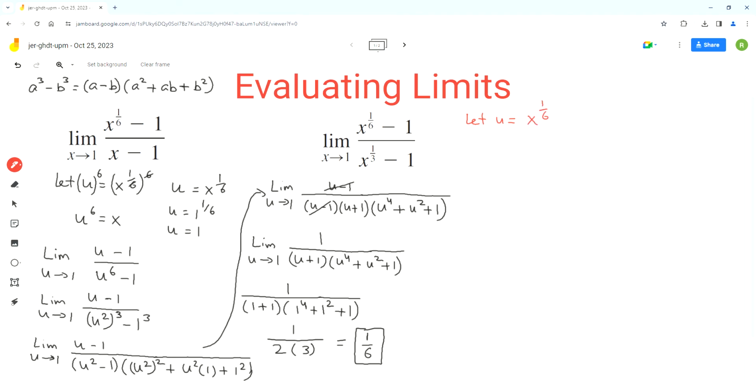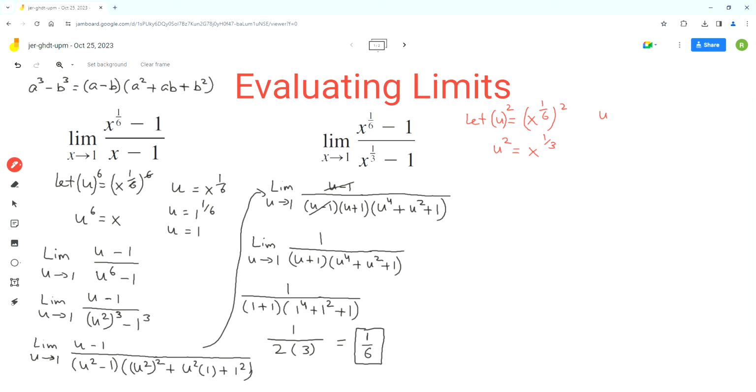Now the other substitution we'll have to do it for is x to the power 1 over 3. Now we can change 1 over 6 to 1 over 3 by squaring both sides. So in the next step we get u square equals x to the power 1 over 3. And the given limit is x approaches 1. So we have to find what u approaches.